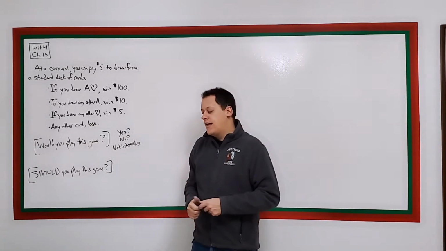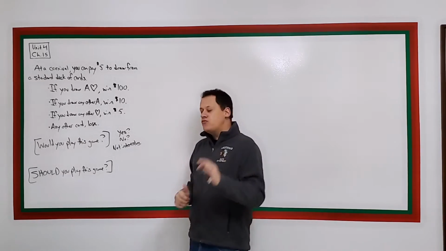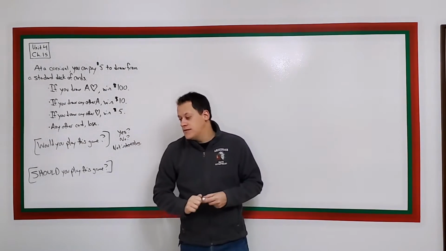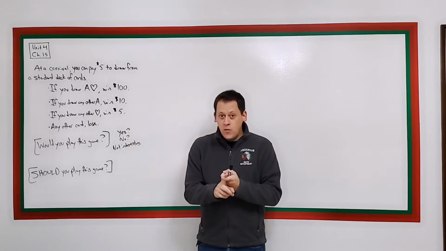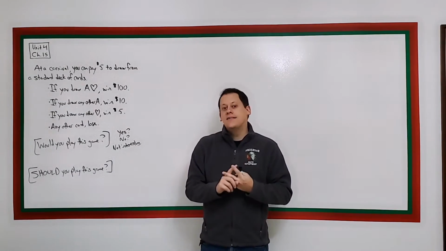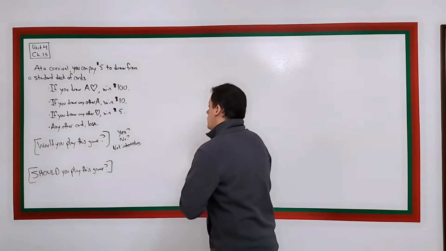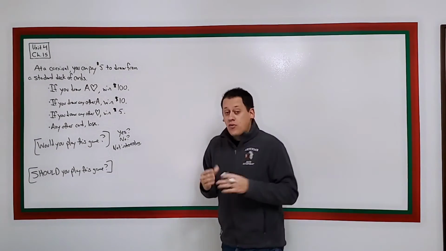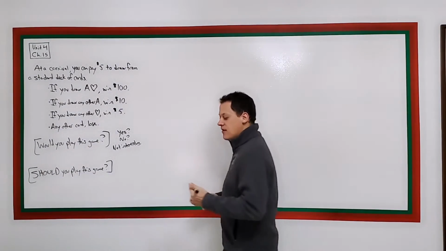Well, let's find out. Let's write out all the different possibilities in terms of how much you can win and how likely that is to happen. So we're going to make a probability distribution table here.